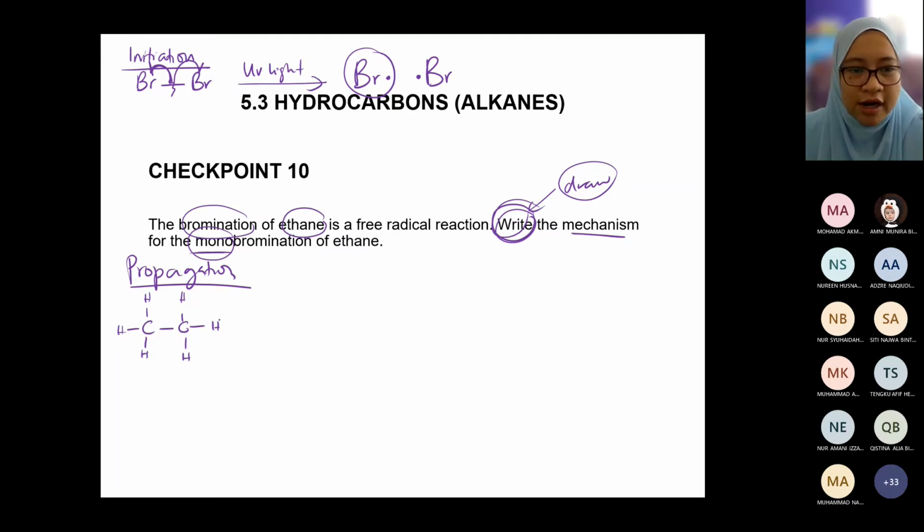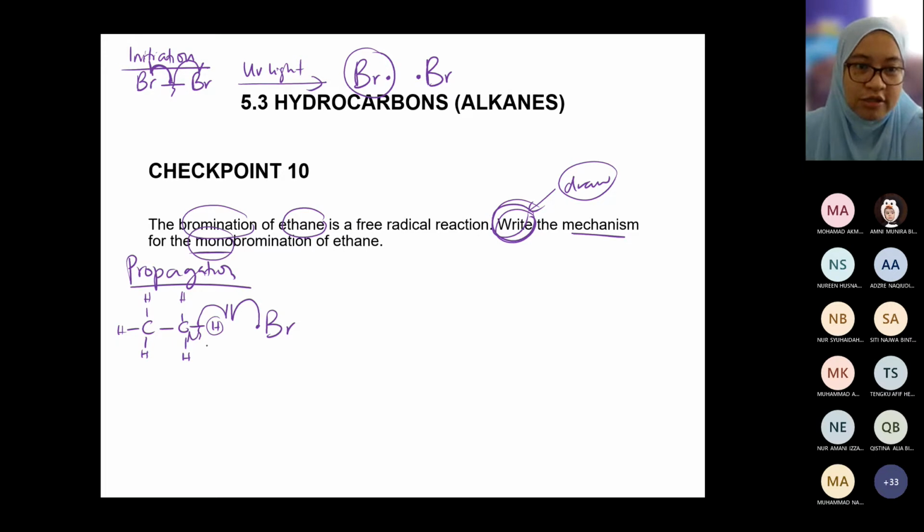We want to replace one of the hydrogens with bromine. The bromine free radical from the initiation step will attack the hydrogen. The bond between this hydrogen and the carbon will break, and the electrons will be returned to their owners: one to the hydrogen and the other to the carbon.